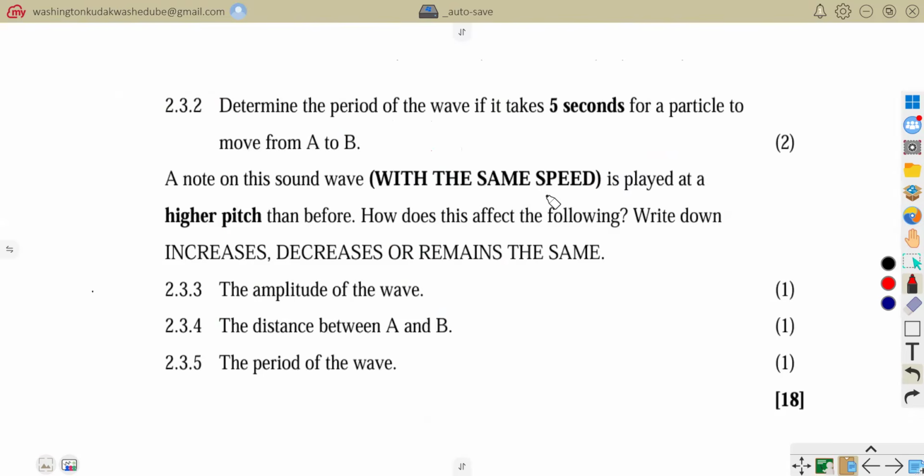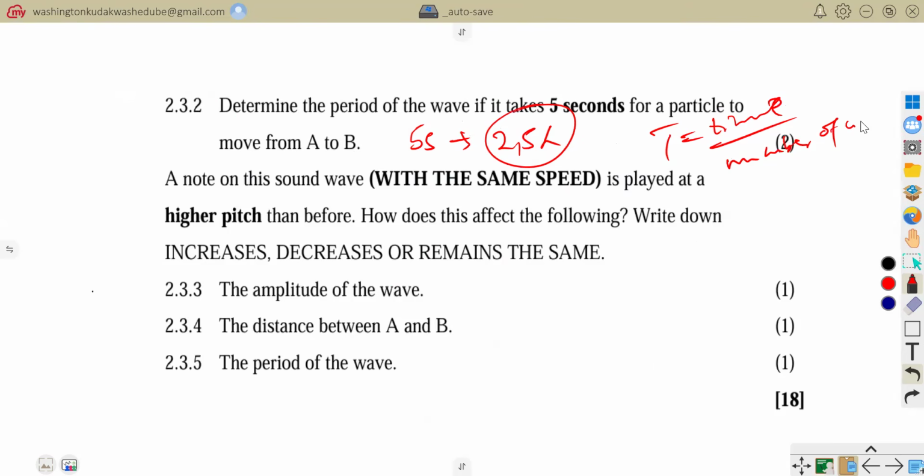And then they are saying that it takes 5 seconds to move from point A to B. So it takes 5 seconds to move 2.5 wavelengths. So what becomes its period? The period can be the time taken divided by the number of waves that pass through that time taken.